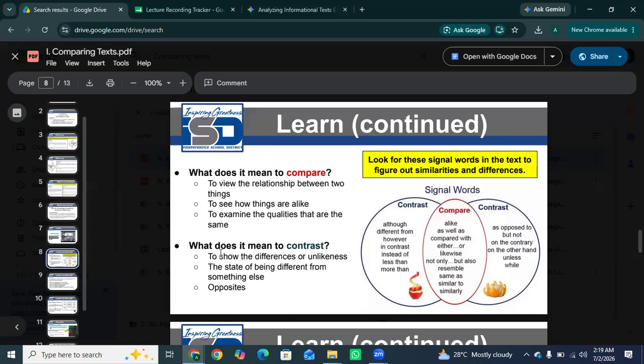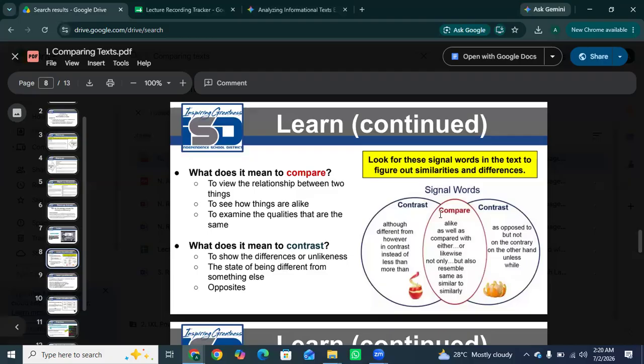And what does contrast mean? To show the difference or unlikeness, the opposite, or the state of being different from something else. So we can say that contrasting means looking for differences or opposites.